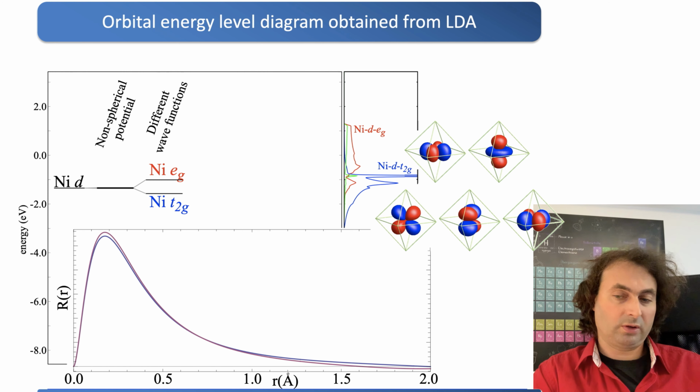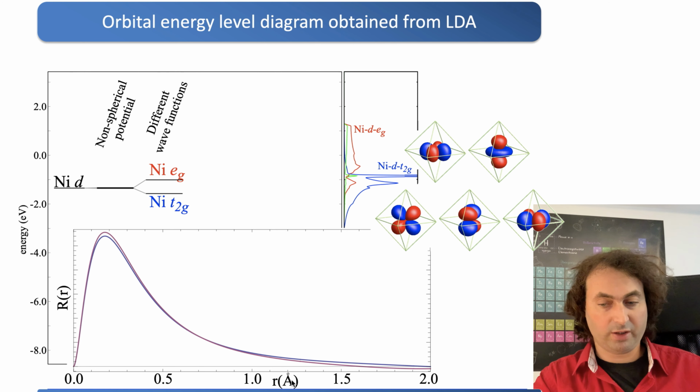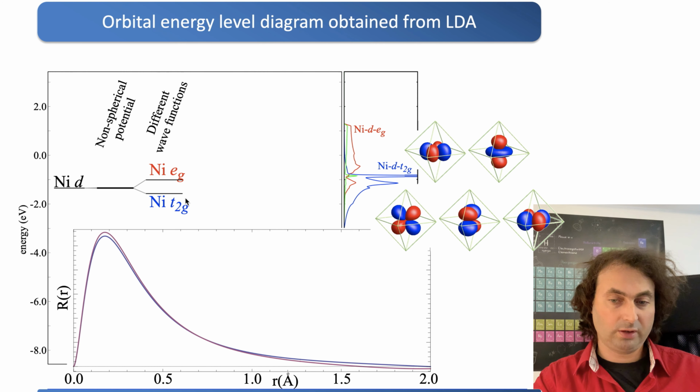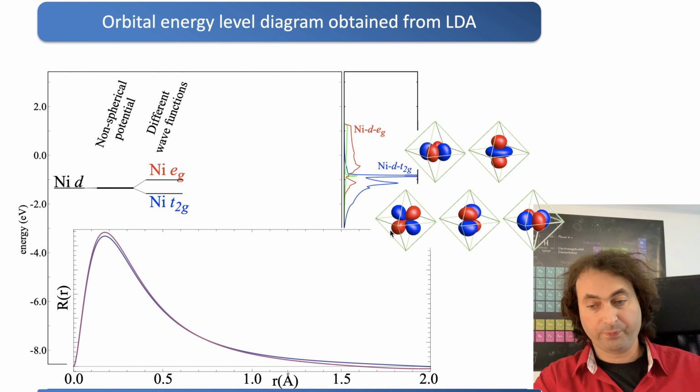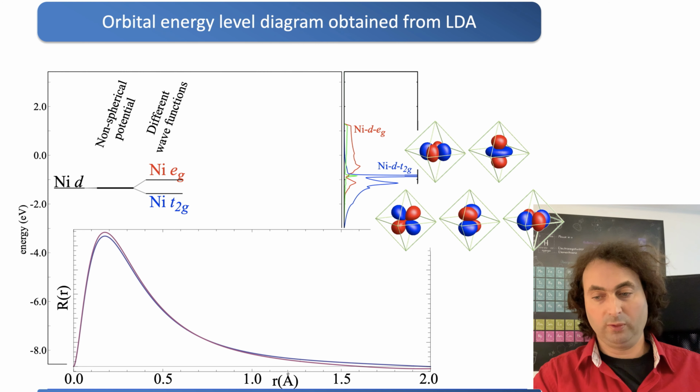And you're pushing your EG orbital away from the solution that we have in the atom because you have an additional constraint, namely that you need to have a node where the next oxygen atom sits, because there your potential diverges, such that the additional constraint will always put the EG orbital above the T2G orbital. For the T2G orbital, the constraint is not that you need to consider the pole in this direction, but you have the pole here because of the next nickel atom, which is a distance square root of 2 further away.